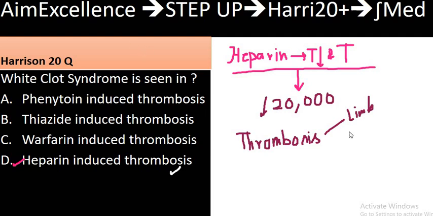So it is going to give rise to thrombosis in the limb in the form of deep vein thrombosis, and also can lead to pulmonary thrombosis, which is a worrying factor.